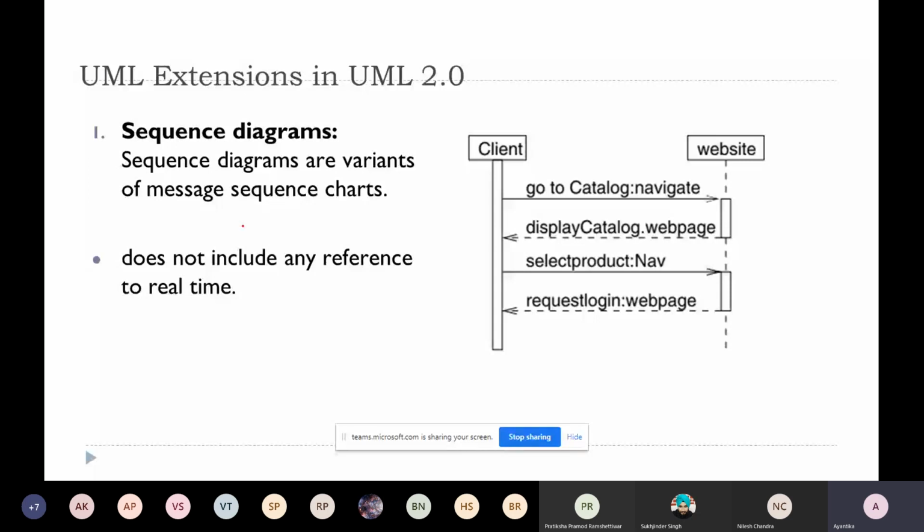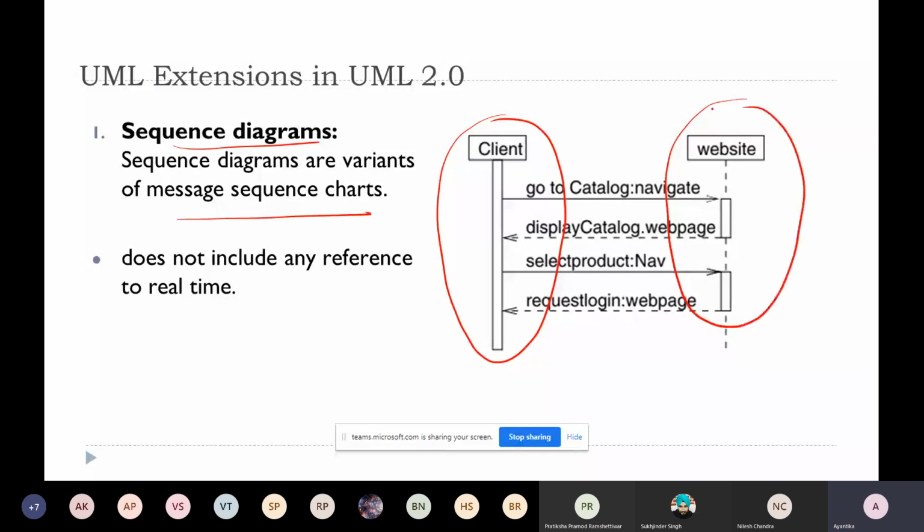Different parts of UML give you different advantages. One is the sequence diagram, which is quite similar to your message sequence chart. There we define different axes, different components, and try to understand the possible message exchanges between them.